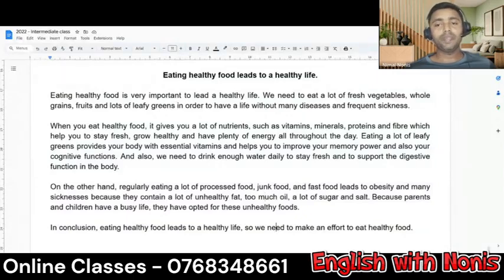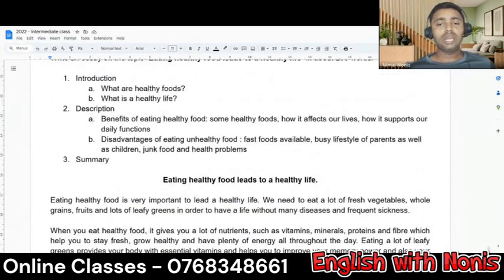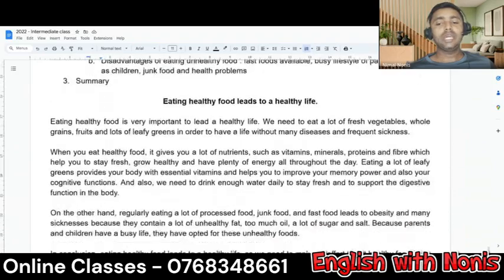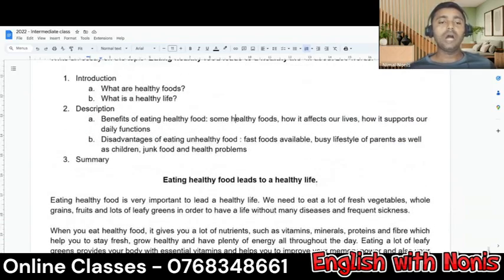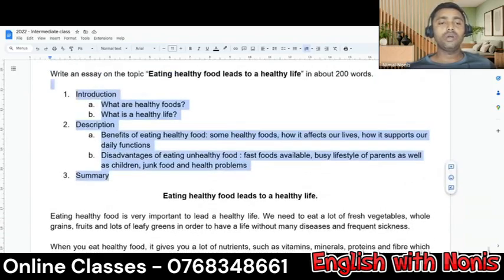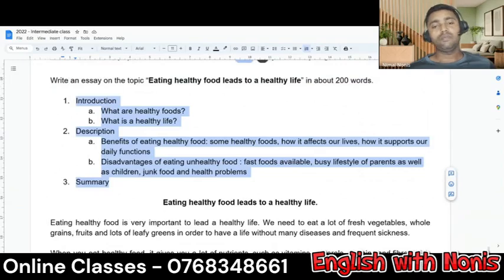But whatever information I have included under each section, not the exact things are included in the final essay. That could change. But you need to have this outline to support writing your essay. That is very important.